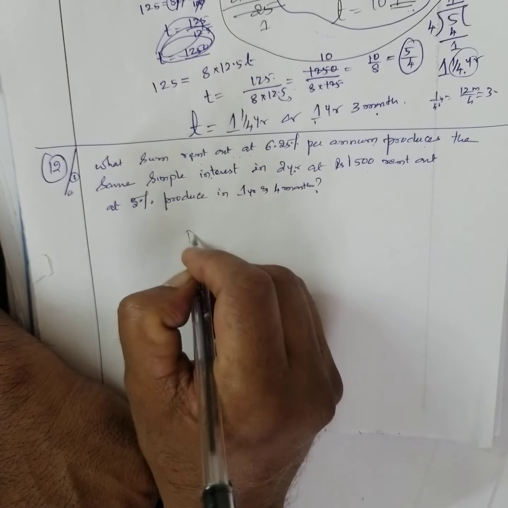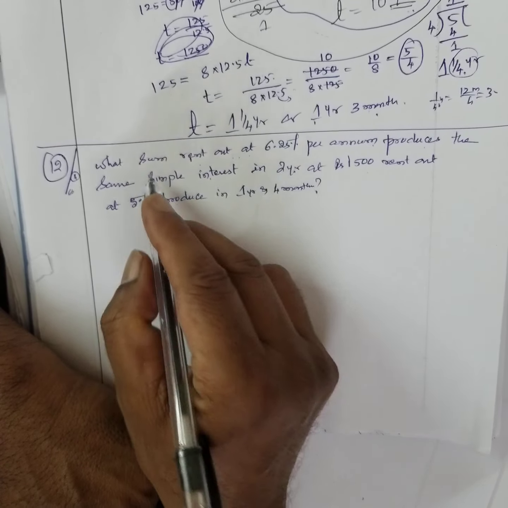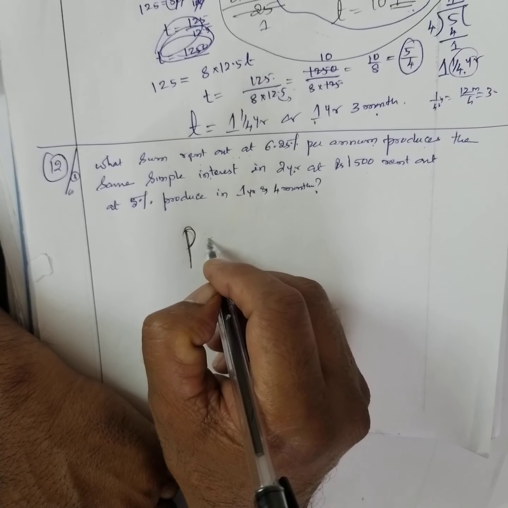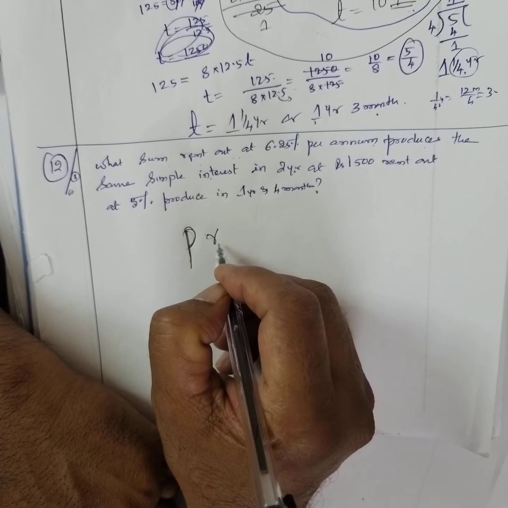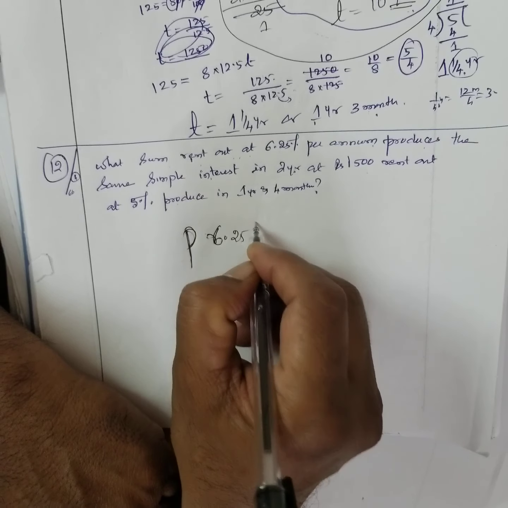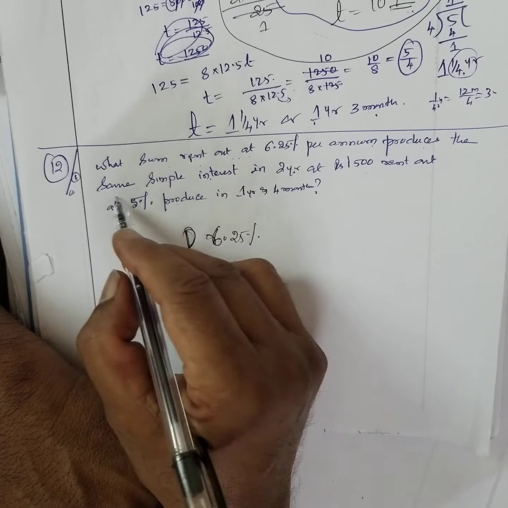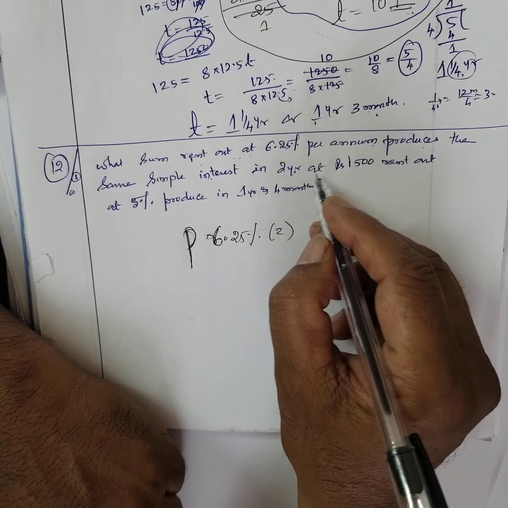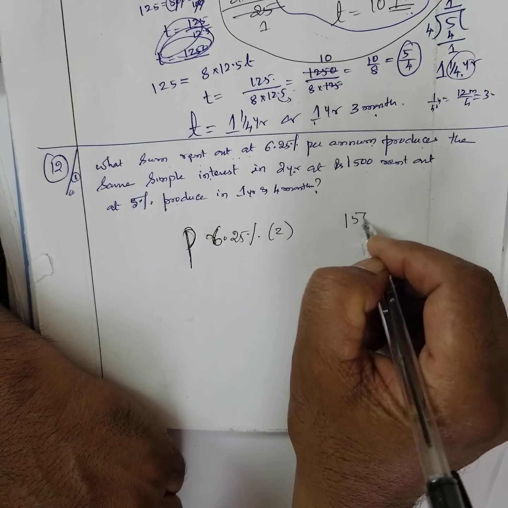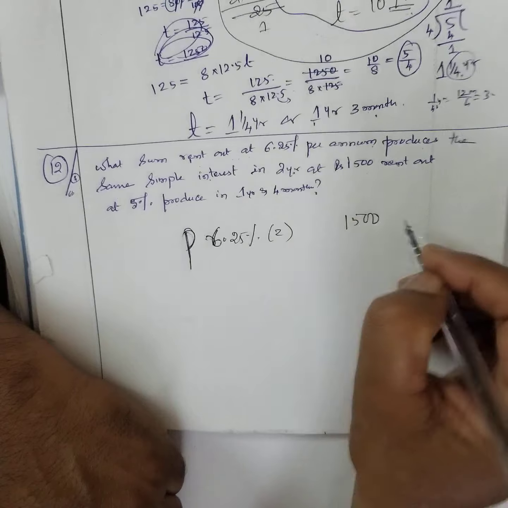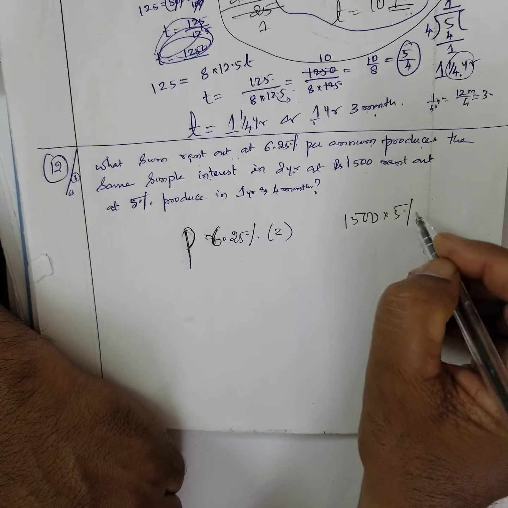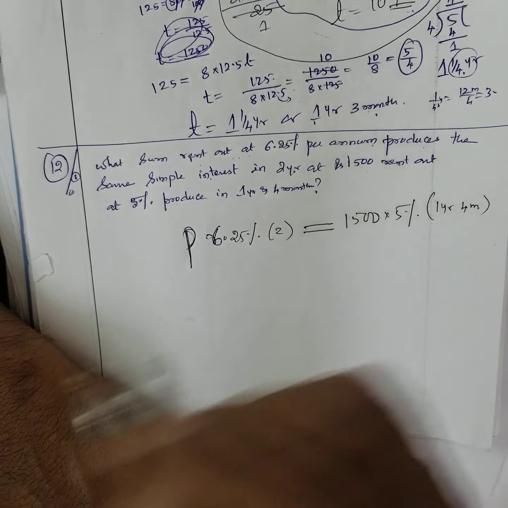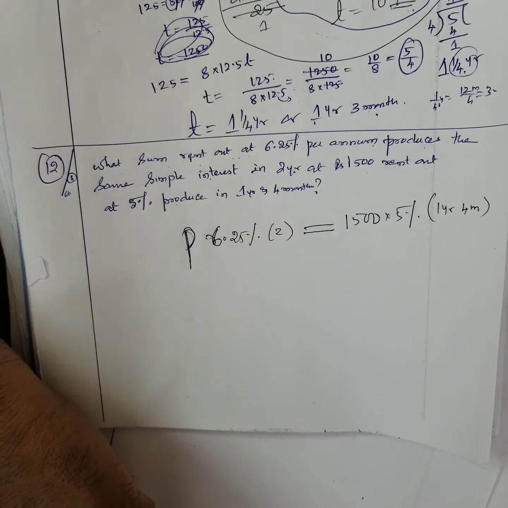That means what sum rented out at 6.25% per annum produces simple interest for 2 years, as 1500 rented at 5% in 1 year 4 months. Just read it properly.